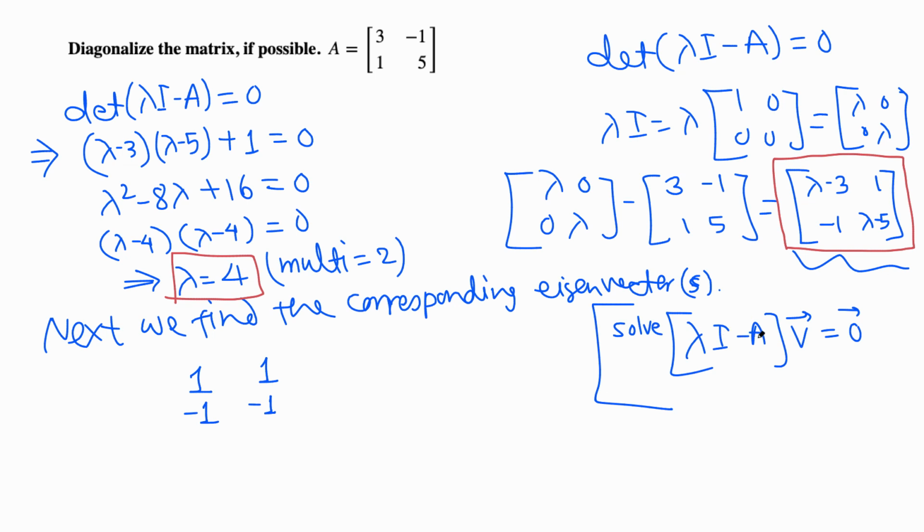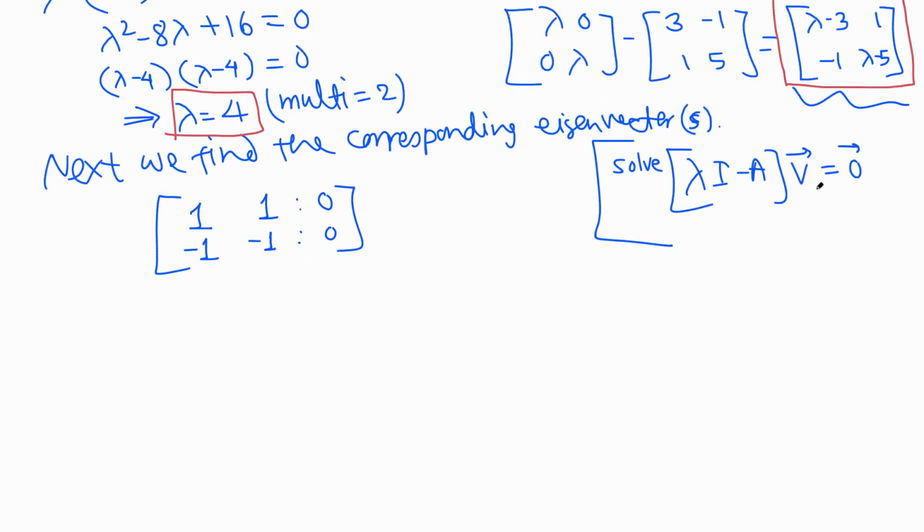That's lambda I minus A. I'm writing an augmented matrix, so the right side is just 0 0. Now we solve this, where v is the vector v1 v2. We could have written x1 x2.